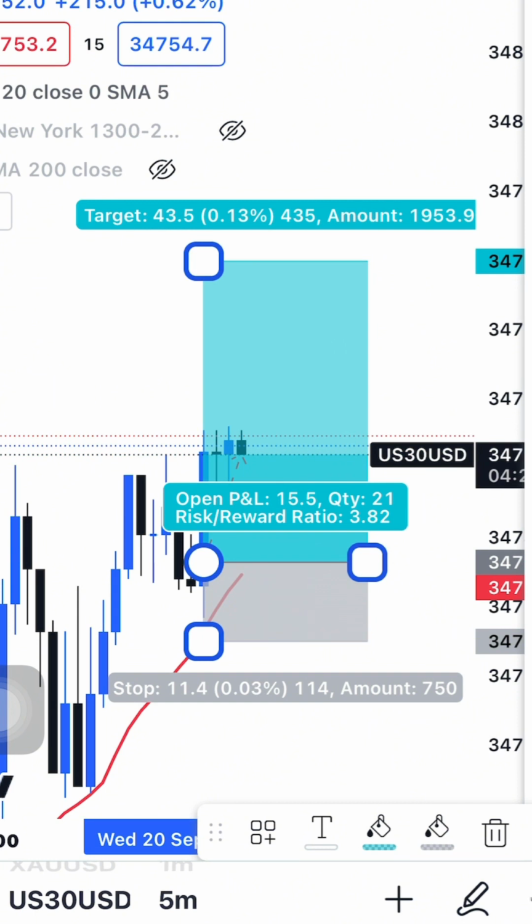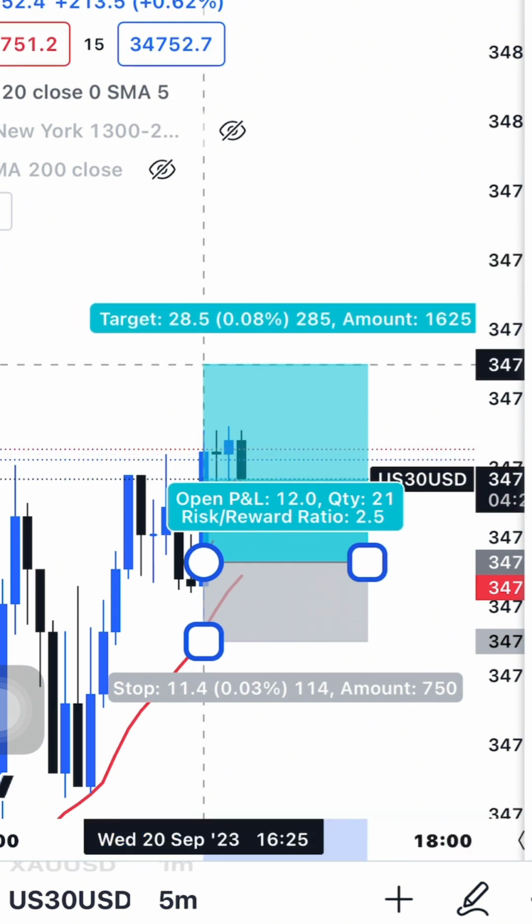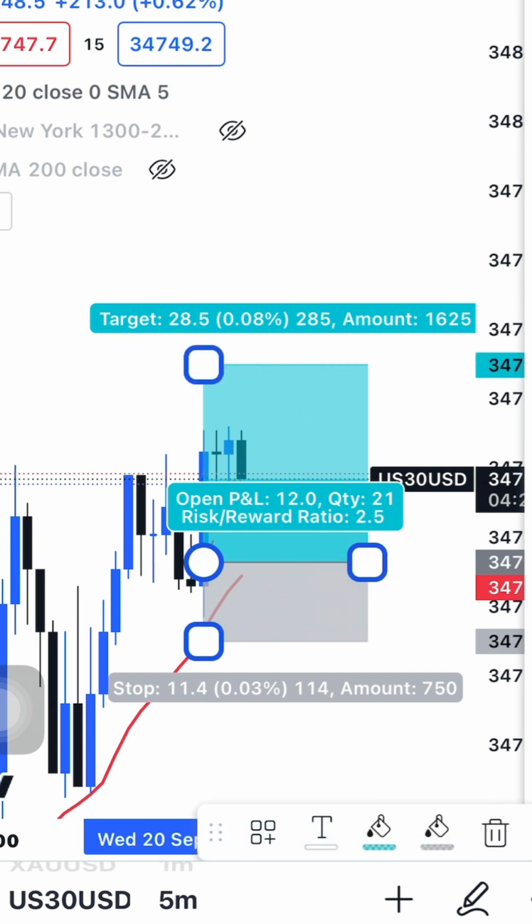If you decrease it, you can see that the number is also decreasing, which is 28.5, that's 28 pips. So this is a very easy way to calculate pips. Don't go and do long math here. This is a very easy and simple way to calculate pips on US30.